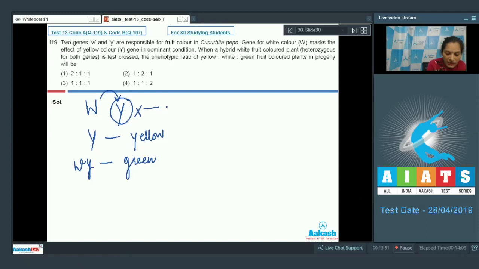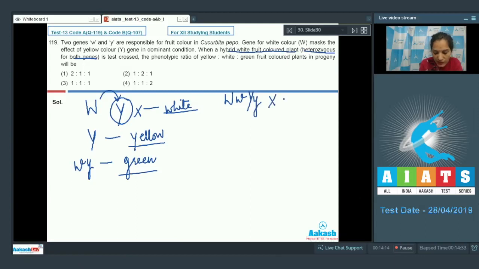And in this condition, it will be white. See the question carefully now. The condition is when a hybrid white fruit colored plant heterozygous for both genes, means the genotype is this, is test crossed, means recessive parent should be taken. Then what is the phenotypic ratio? See here.